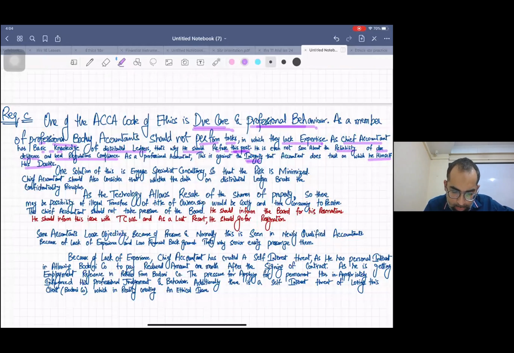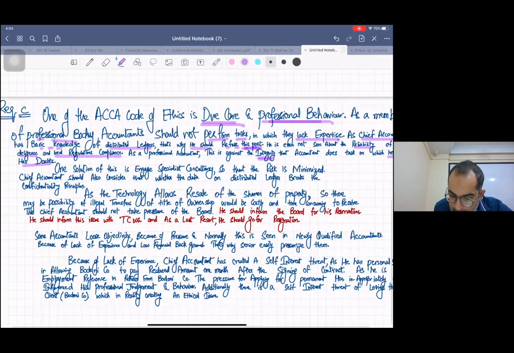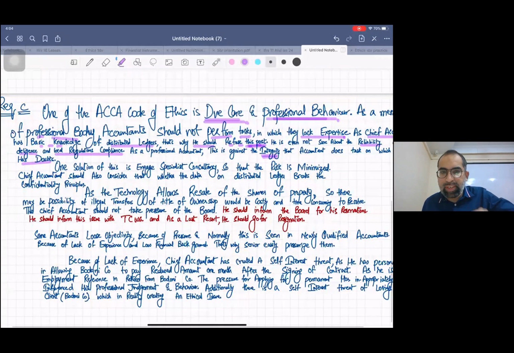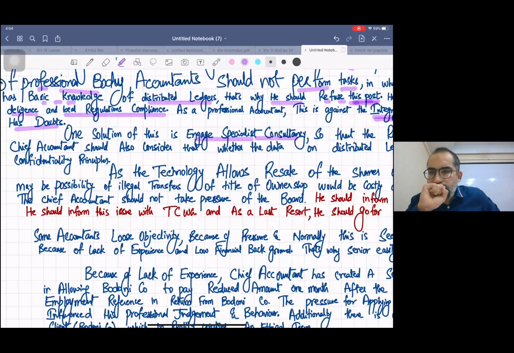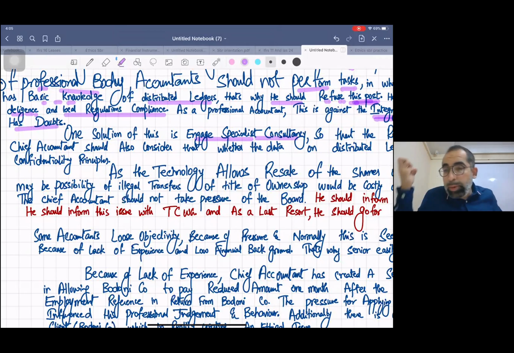Now, what is the solution? One solution of this is to engage a specialist consultancy. You know, there is a paper audit, your double A paper, F8 paper. In F8 paper, there is a chapter in your book, using the work of others. Auditors also do this. Just think, auditors are not engineers. For example, they are going to an oil company for inventory count.